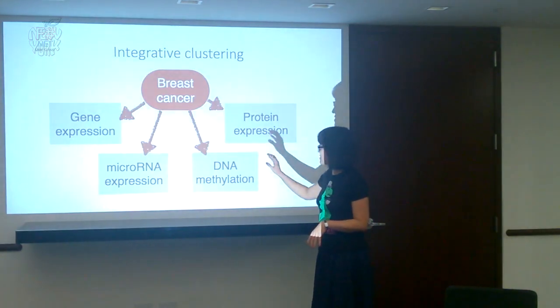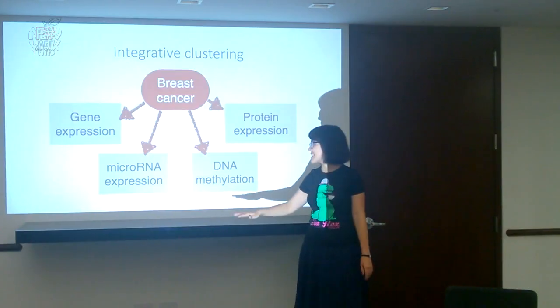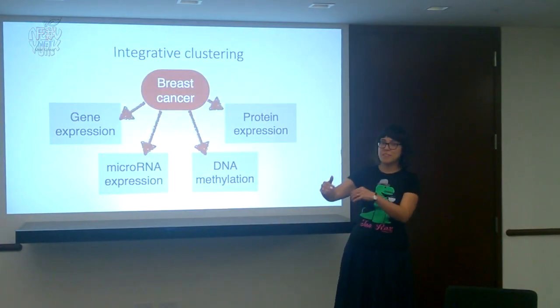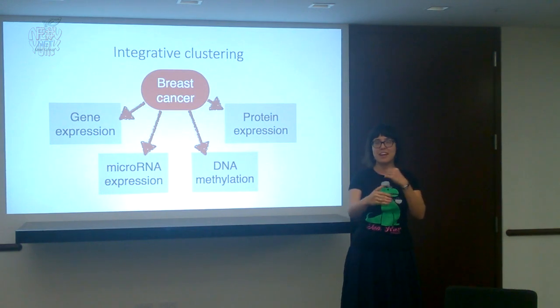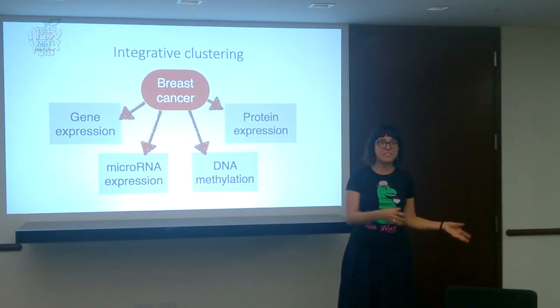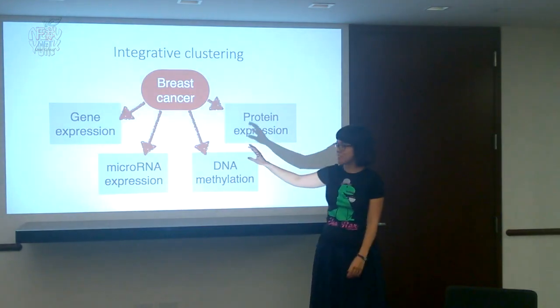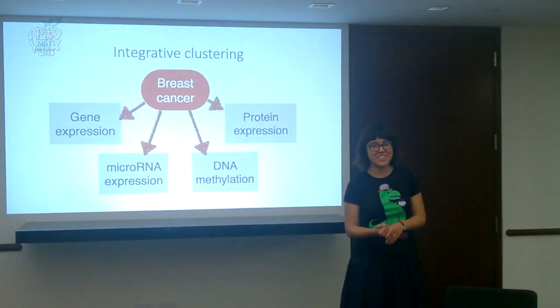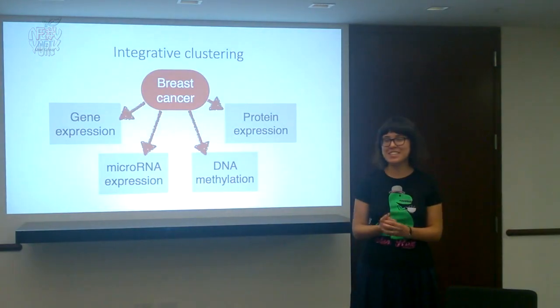This is just graphics showing that I was using different types of data that describe different types of the processes that are happening in the cell. And because cancer behaves differently in each of the different contexts, what we really want is to have some good clustering algorithms. I won't go into too much detail about that.